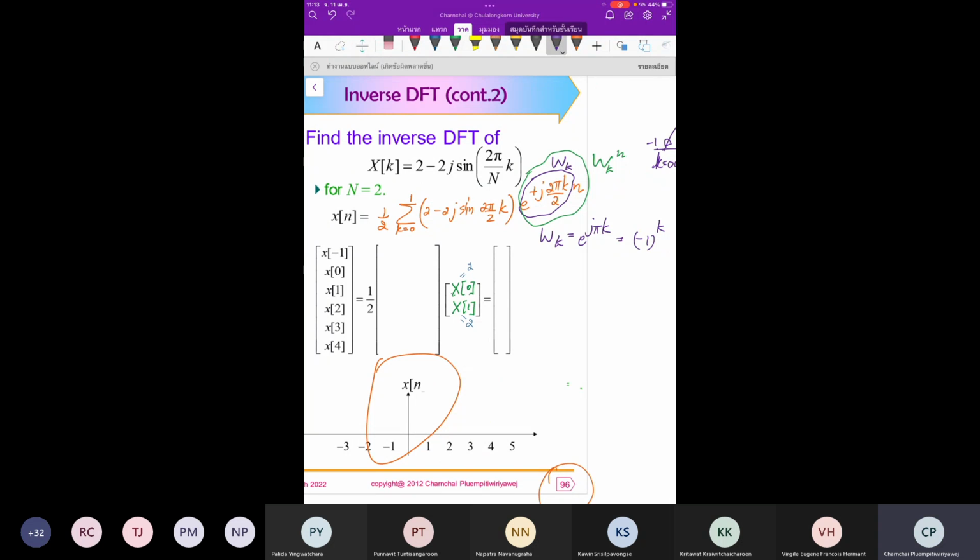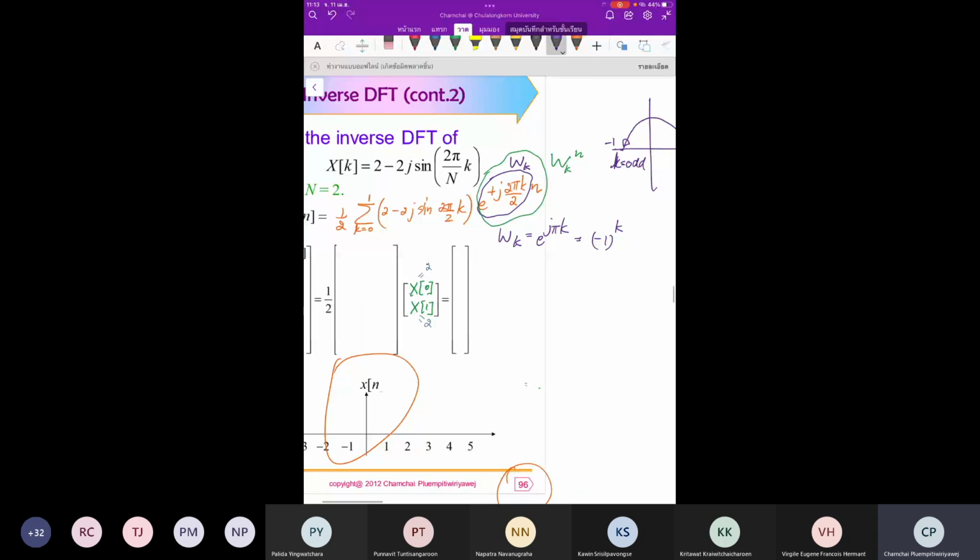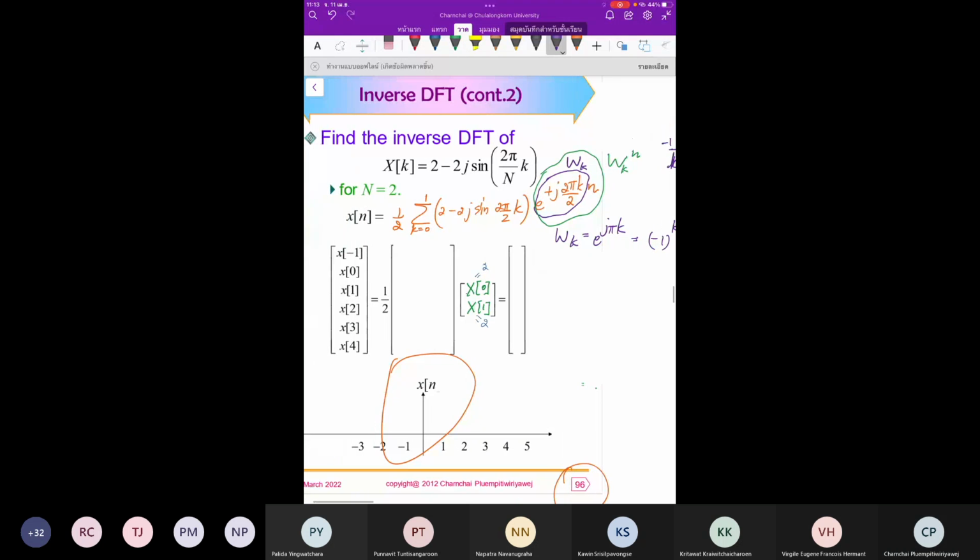That's when k is 0. Negative 1 to the power 0 is 1, right? This is 1 to the negative 1 and negative 1 to the negative 1. This is when k is 0 and that's k is 1.